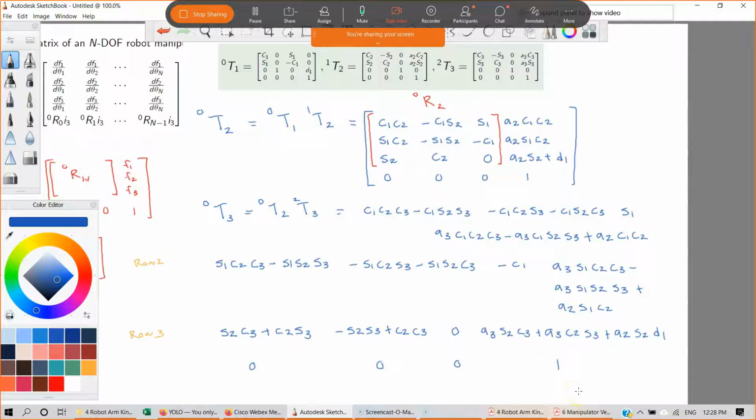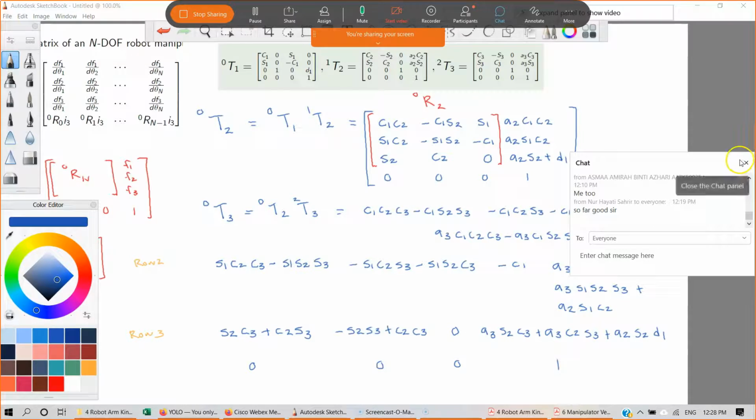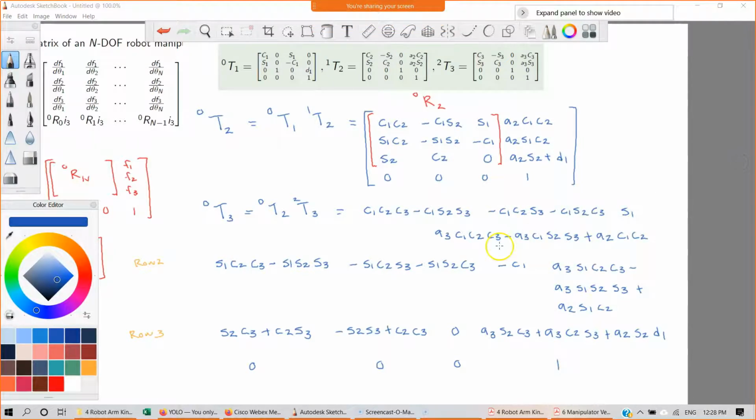Okay, there we go. So that's our lengthy computation of D30.